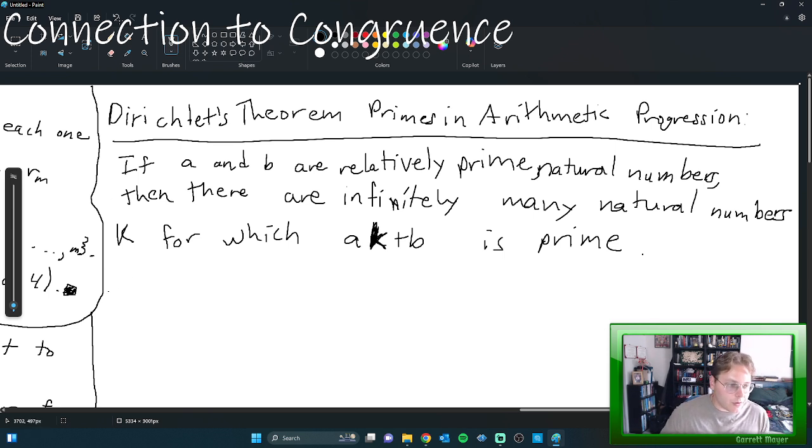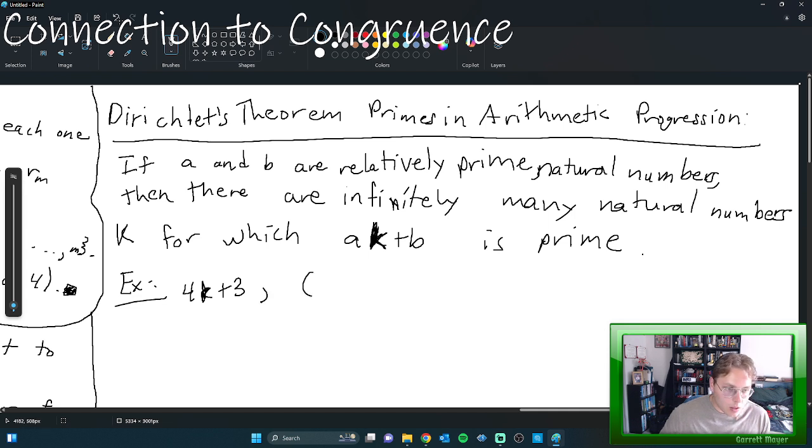So just for some brief examples of this, just the proof that we looked at before, 4k plus 3. Are there infinitely many primes of this form, that can be written as 4 times some integer k plus 3?